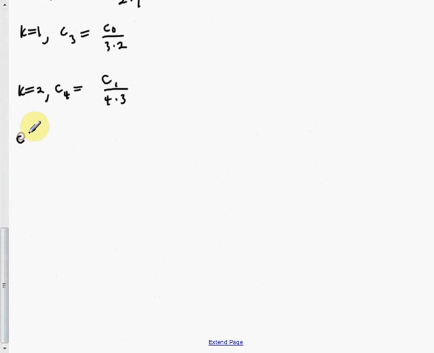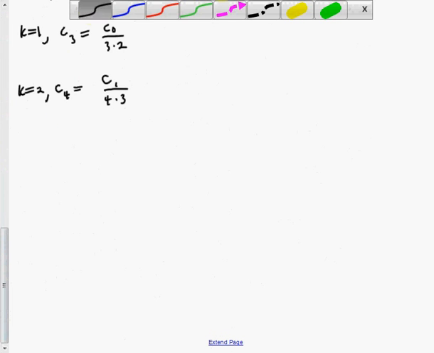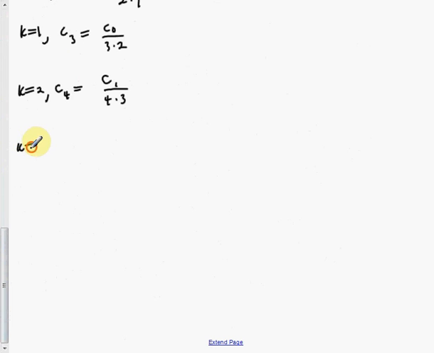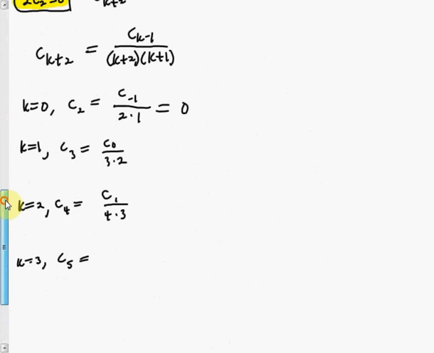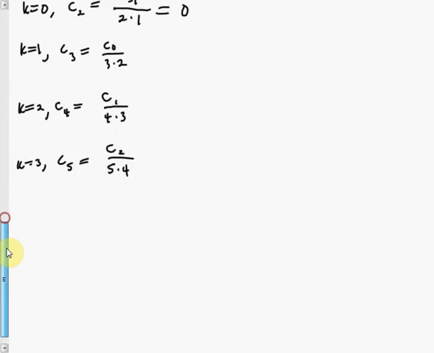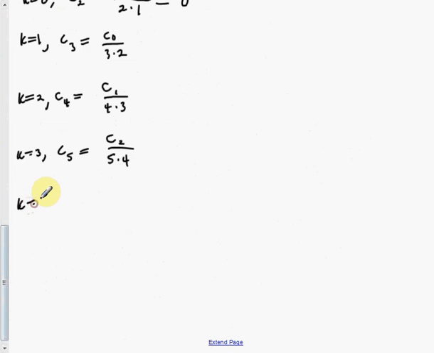Just find a couple more. So k is equal to 3. C sub 5 is equal to 3 minus 1, c sub 2, that's all over 5 times 4. K is equal to 4. C sub 6 is equal to c sub 3 all over 6 times 5.